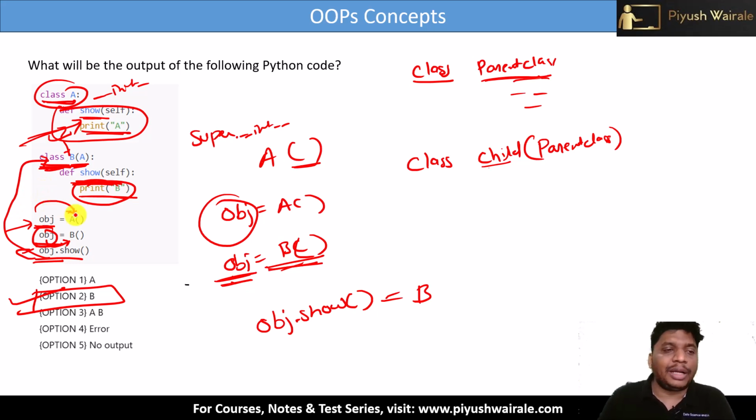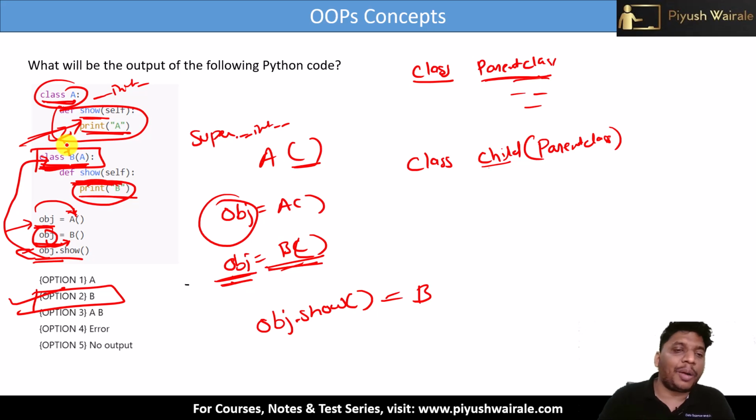Okay, so I hope you understand this particular case. Here we have not specified that we are going to take the properties of this particular class. We have just specified that this is a child class and belongs to class A. This is all we have defined, but we have not mentioned anywhere which properties of class A are going to be taken.